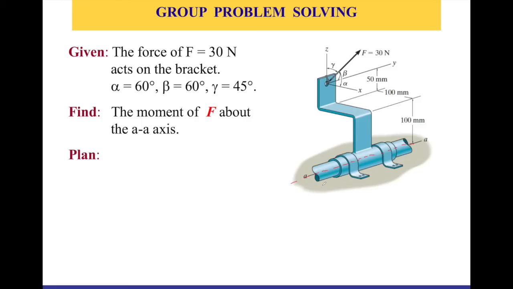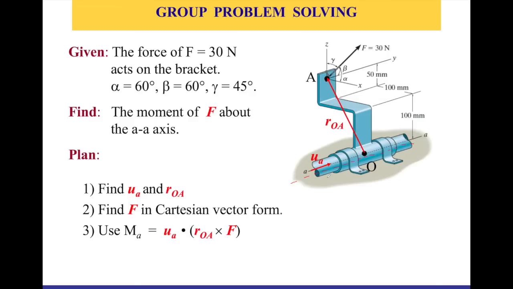So how are we going to solve this problem? We will start by finding the unit vector of the line AA, and then we would like to find a position vector from a point on that line, which we're going to assume is O, to a point that is on the line of action of the force.